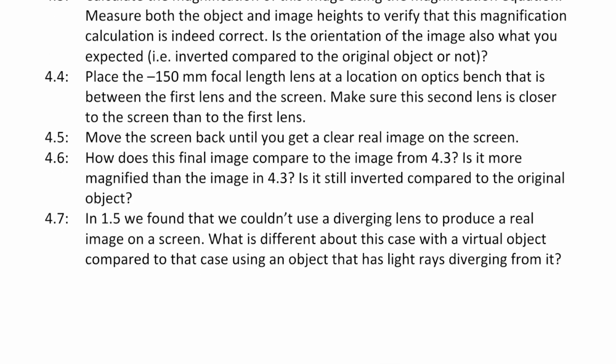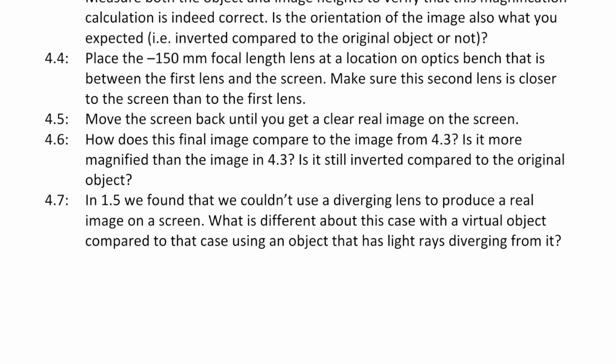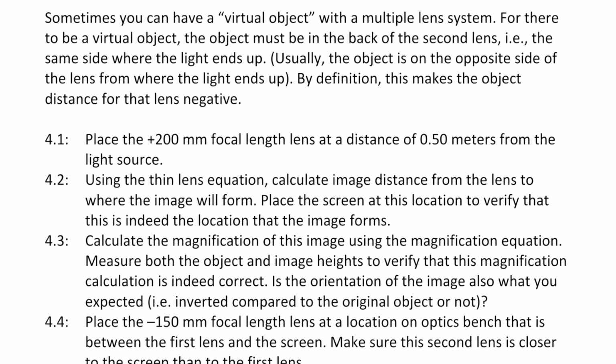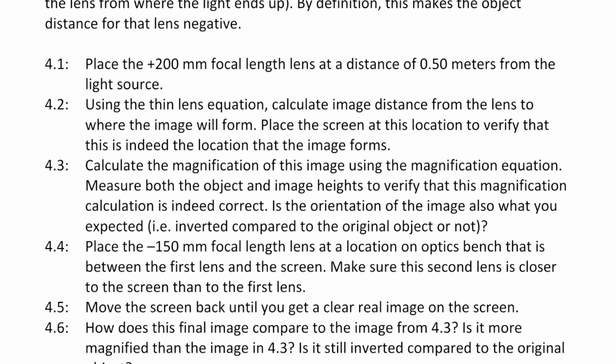Again, you're going to do this experiment. It walks you through what to do. You're going to be placing a plus 200 millimeter focal length lens at a certain distance, and then you're going to use the thin lens equation to calculate the image distance, where the image will form.